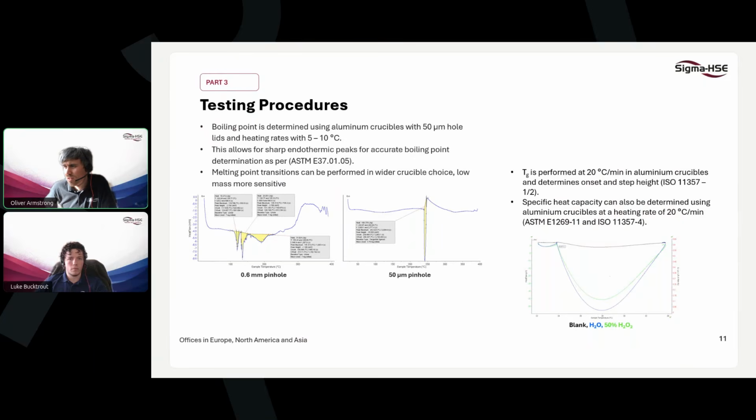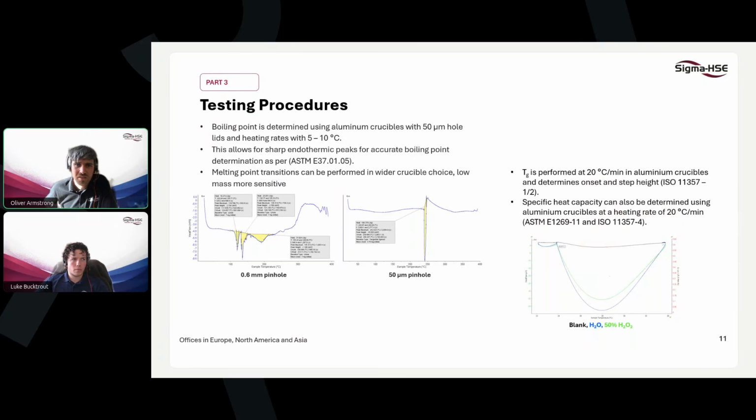We have the recommended 50 micrometer hole on the right hand side, and then a larger 0.6 millimeter pinhole. So only a 10 or 12 times greater diameter pinhole, but the difference in the measured data is significant and easy to see even to the untrained eye.